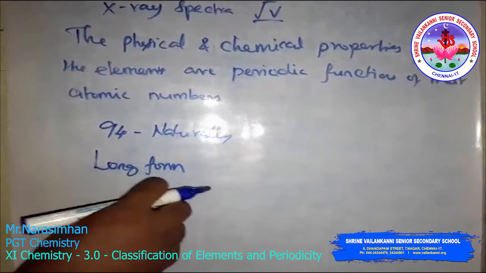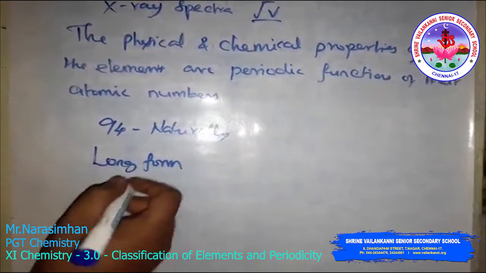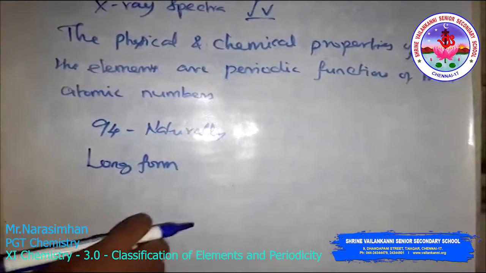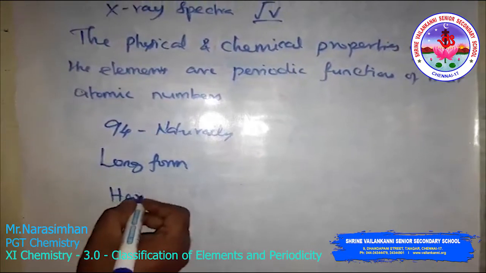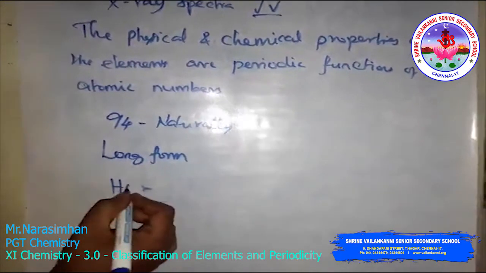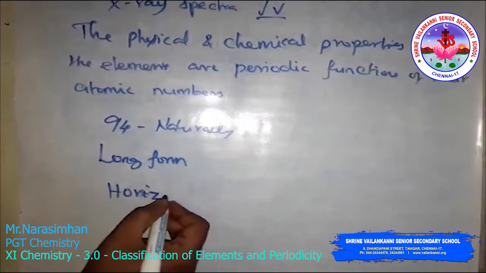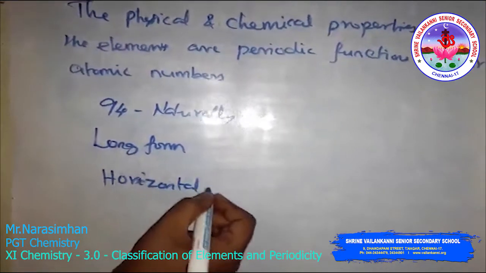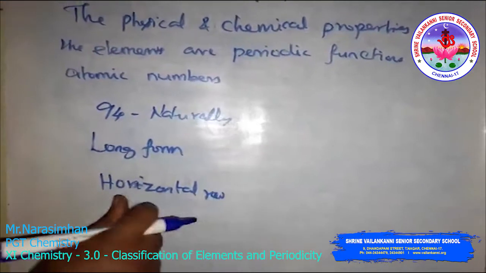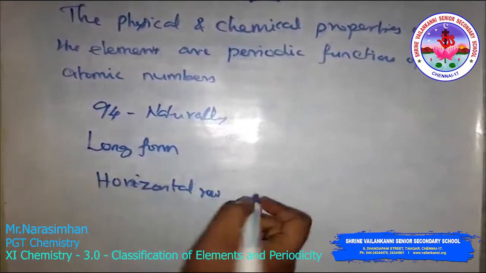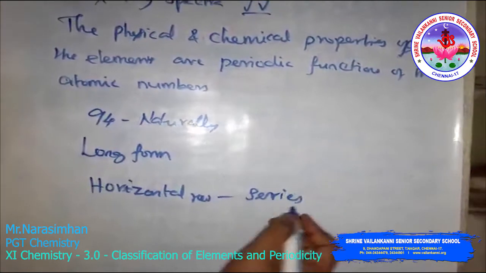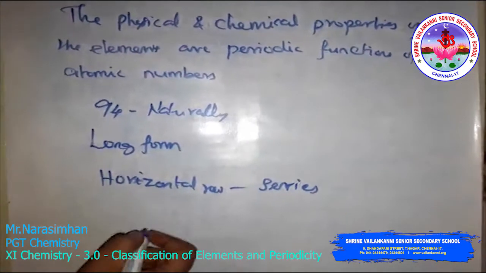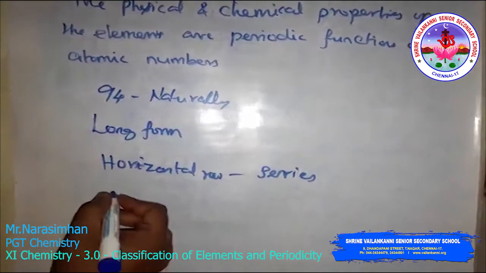The long form periodic table is the most convenient and widely used. The horizontal rows, which Mendeleev called series, are called periods in the modern periodic table. The vertical columns are groups.